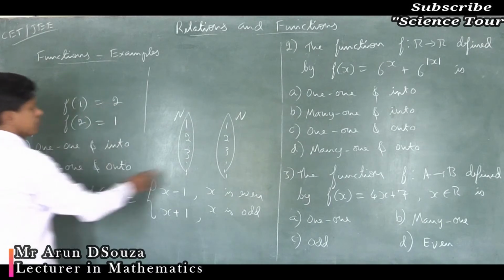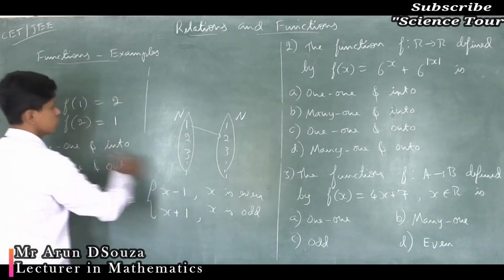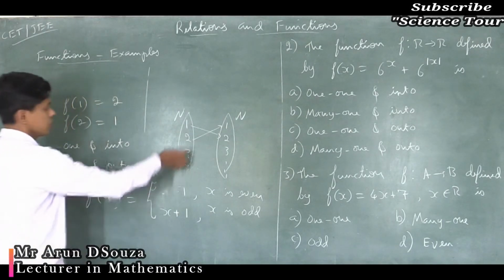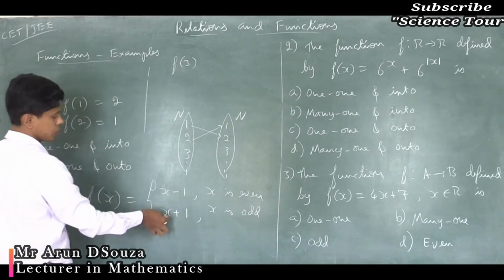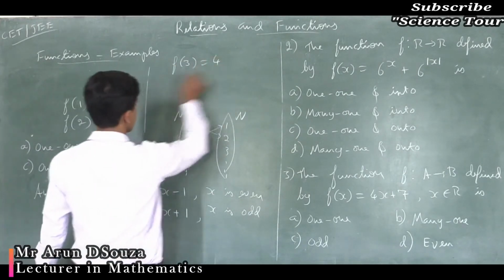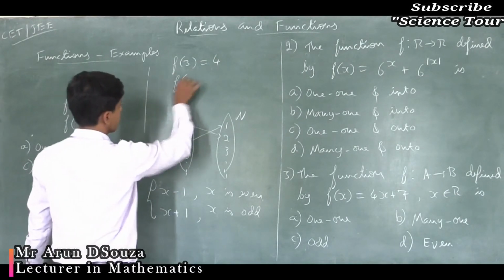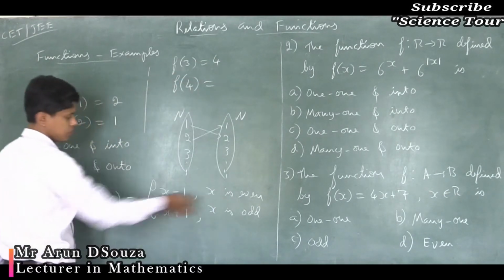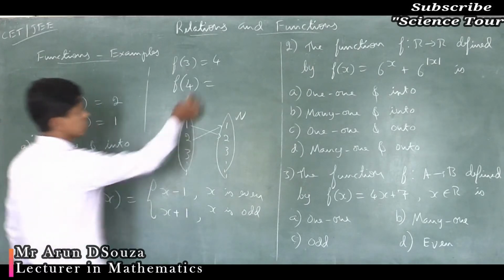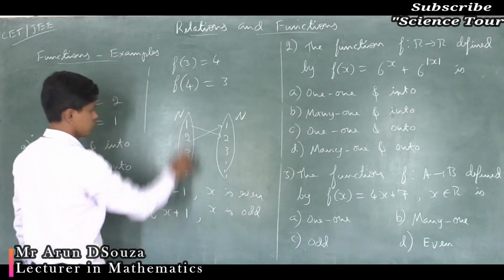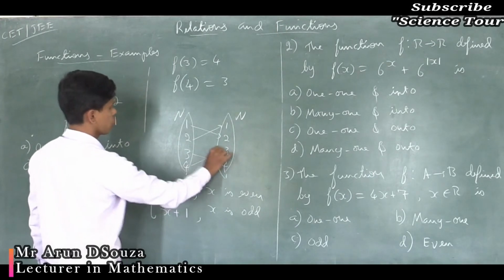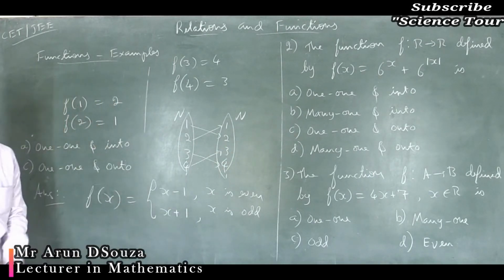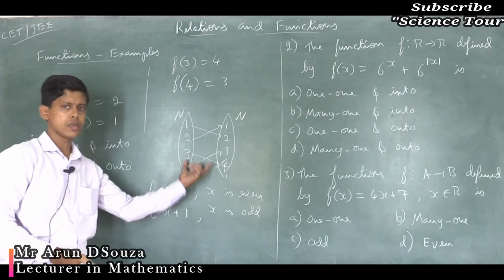So 1 is mapped to 2 and 2 is mapped to 1, and similarly if you go for 3, what will be f of 3? So you have to use this formula, right? So it will be 4, and then if you are going for f of 4, 4 is even, therefore that is 4 minus 1, so 4 minus 1 is 3. So that is like 3 goes to 4 and 4 goes to 3, this continues. So you will have the same pattern repeating throughout.